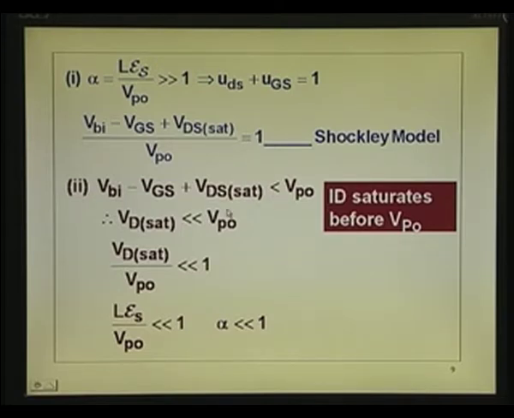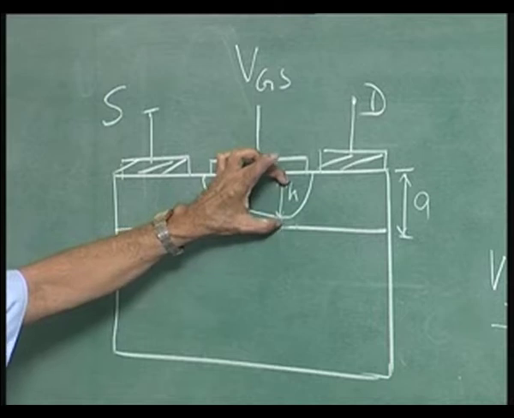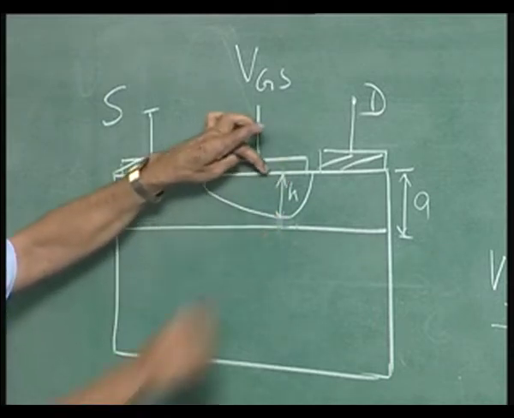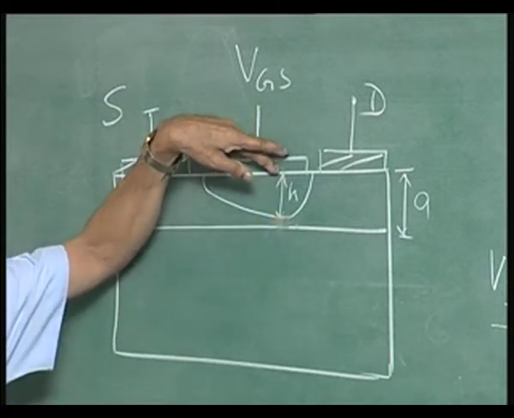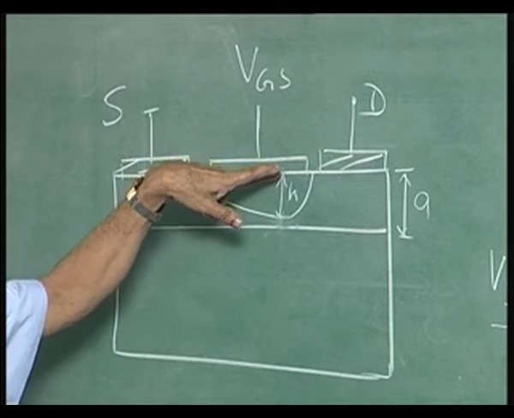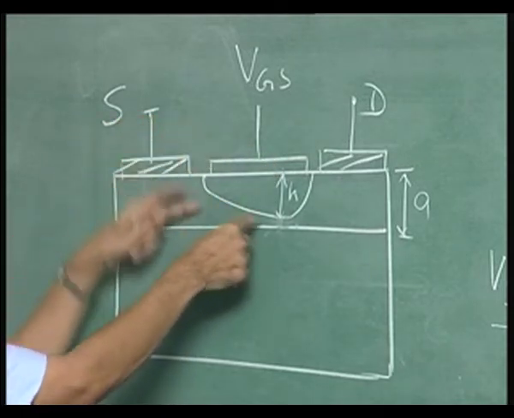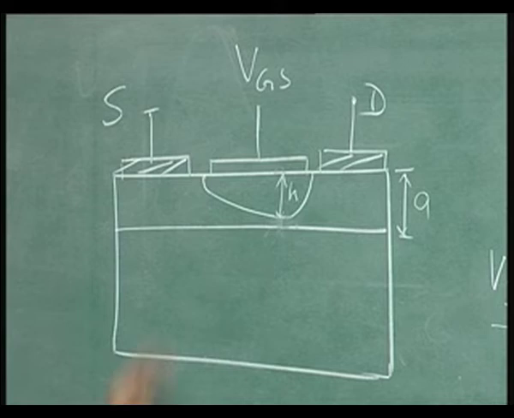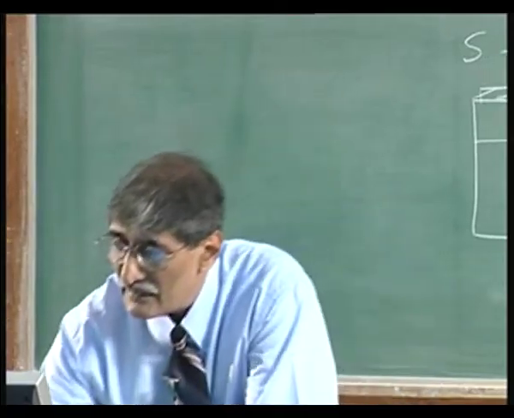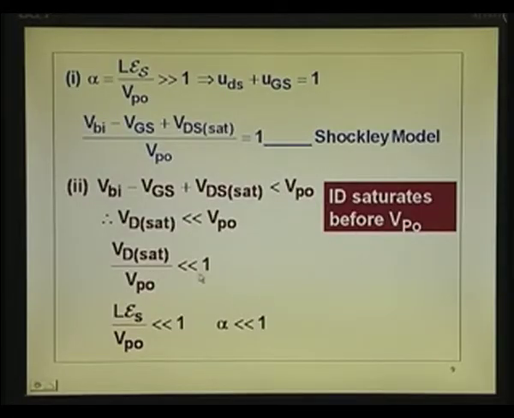What we are telling is VD sat plus VBI is less than VP 0, that is channel not closing down. That situation, this plus that is less than VP 0, means this voltage is definitely less than VP 0. 3 terms are there, out of the 2 is knocked out, that is much smaller. So, that is this quantity is less than that. Now, what we are writing is VD sat, approximately we can put it as L into Es.